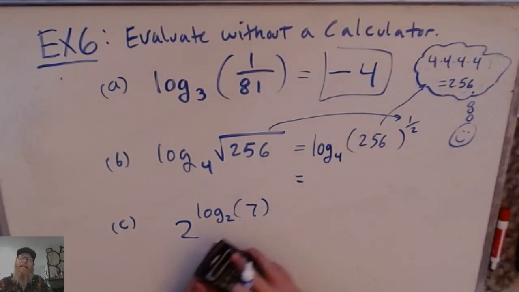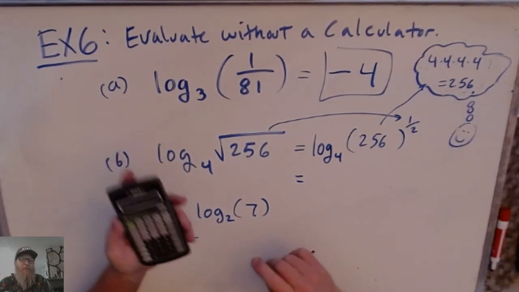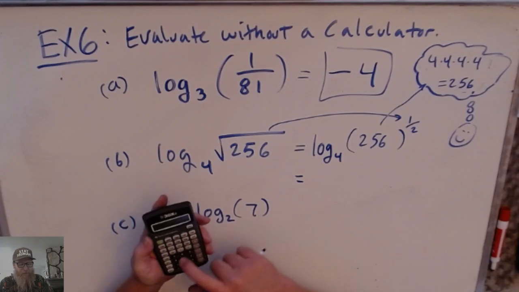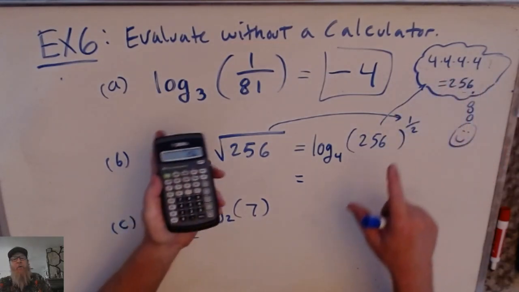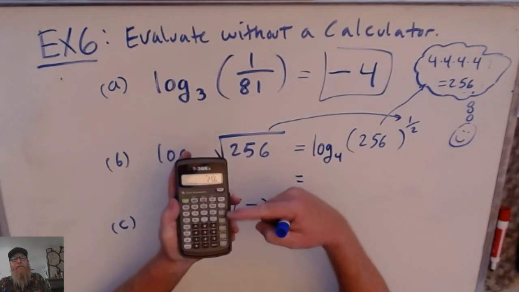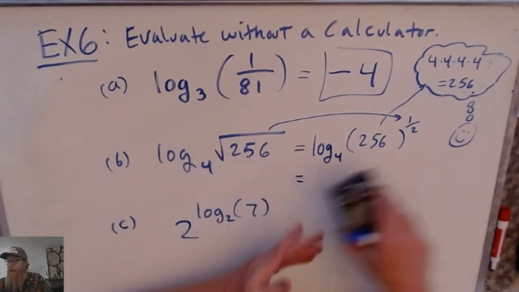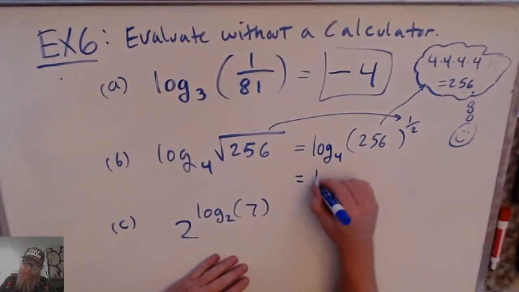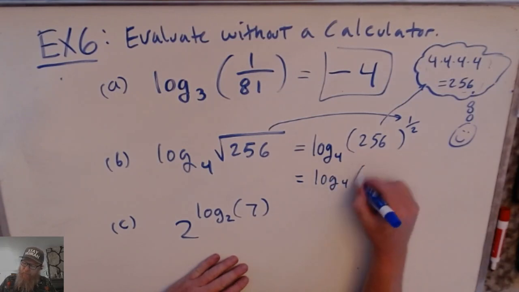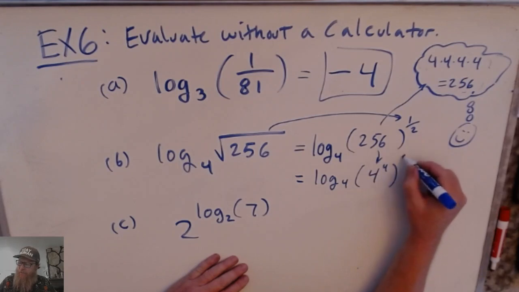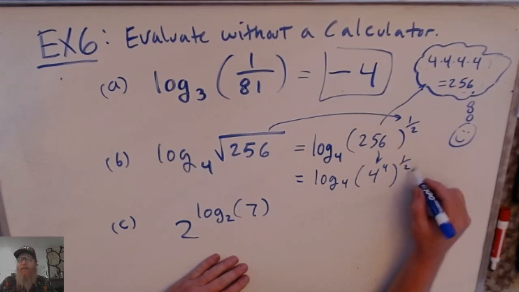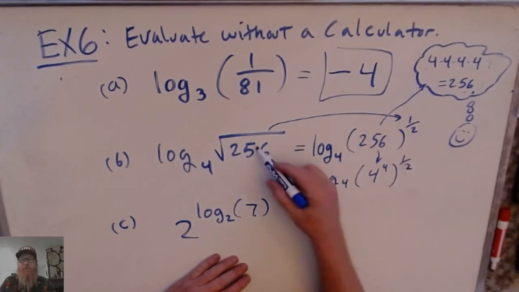I did say try these without a calculator, but you still have your calculator, so you could do 4 times 4 times 4 times 4 just to make sure you're not wasting a lot of time. That is, in fact, 256. So this is 4 to the 4th, and then you still have a 1/2 outside here. That's the square root.